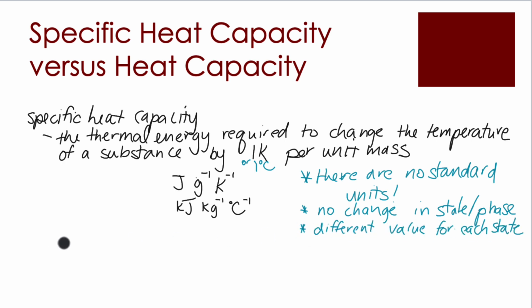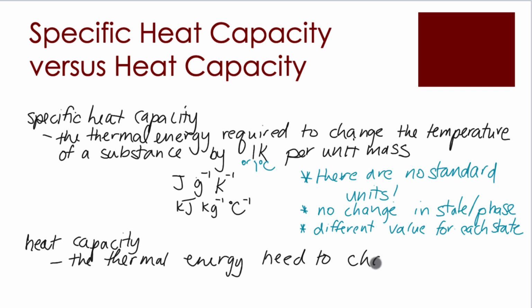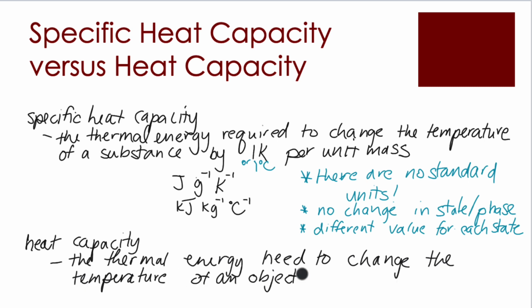So how is that different from heat capacity? Well, specific heat capacity was the amount of energy per mass. So you need to realize that this is going to be for a specific material, whereas heat capacity is the thermal energy needed to change the temperature of an object by 1 degree. It could be degree Kelvin or degree Celsius.